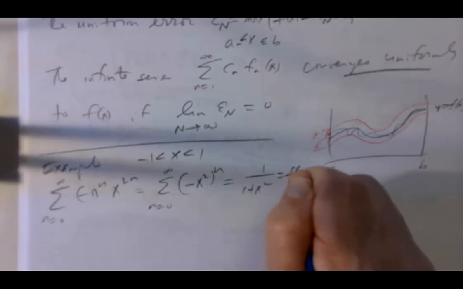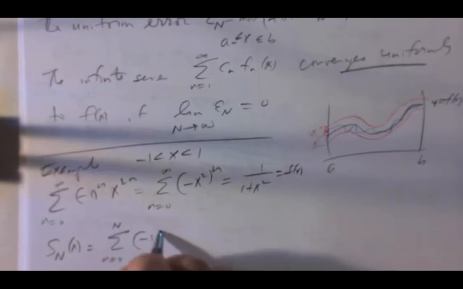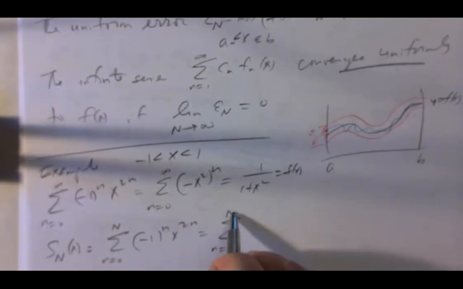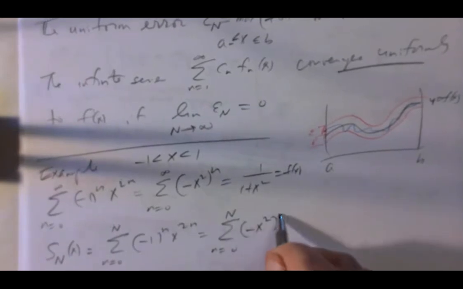So this is my function f of x, and my partial sum, Sn of x, is the sum, n goes from 0 to capital N, minus 1 to the n, x to the 2n. Let's see, what is this? This is, again, the sum from n equals 0 to capital N of minus x squared to the n. So this is a finite geometric progression. And you also learned in pre-calculus what this is equal to.